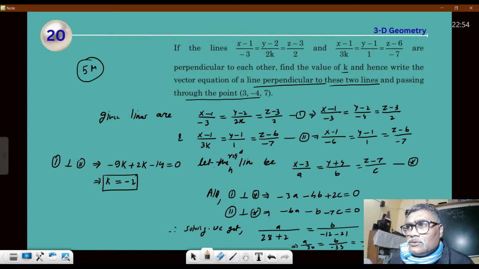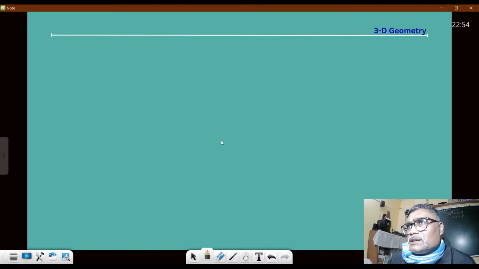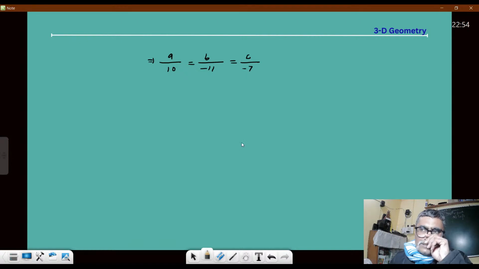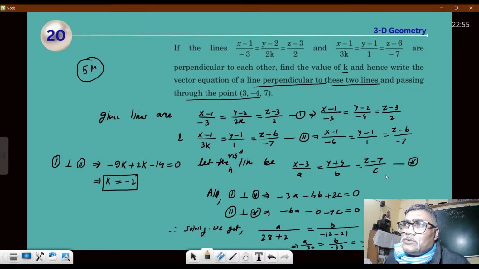I want to go to the next page, so that clumsiness will not be there. If I divide by 3, it will be 10, then next is -11, and last one is -7. So you got the values of a, b, c. Now you put this a, b, c here, and your equation is okay. This is 10, 11, -7, right?